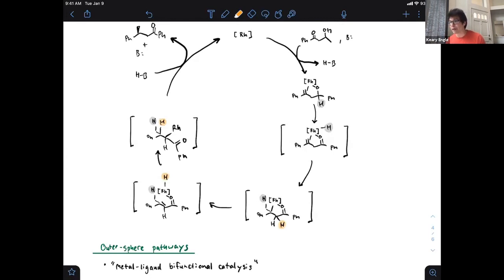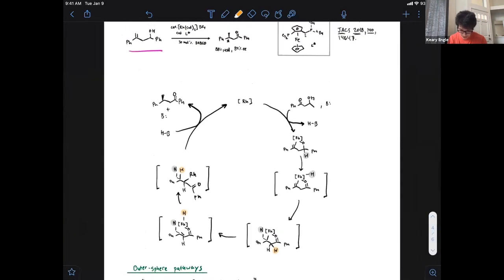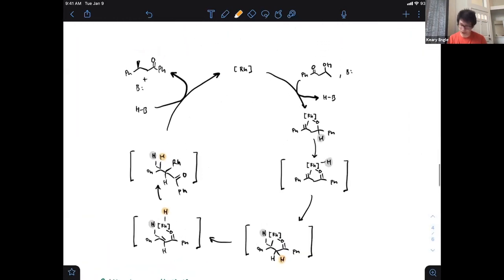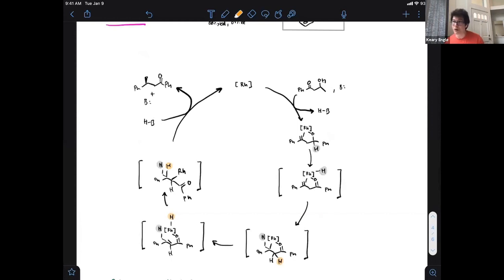So in terms of the mechanistic studies that they run in this paper that I think I cited up here, it's consistent with this model. You could draw it the other way, and that wouldn't be unreasonable, if you were just looking at it for the first time. But certainly the benzylic stabilization is important, and you might not draw it that way if it wasn't for that aryl group, and indeed this reaction is actually restricted to substrates that do have that aryl group present, perhaps for this very reason.